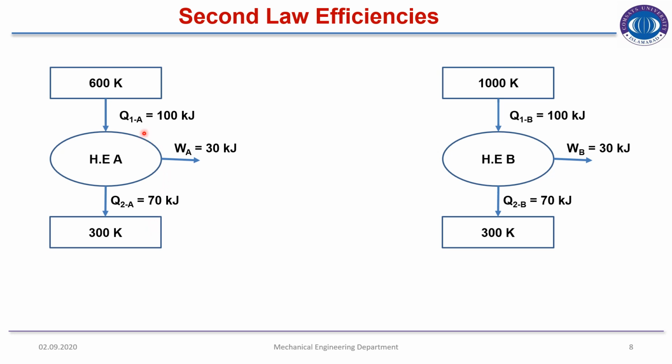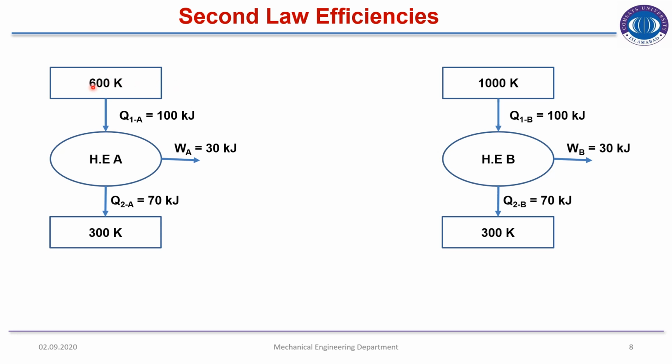Look, Q H A is 100 kilojoules and Q H B is also 100 kilojoules, Q L A is 70 kilojoules and Q L B is 70 kilojoules, and W A and W B are both 30 kilojoules. The only difference is the source temperature.